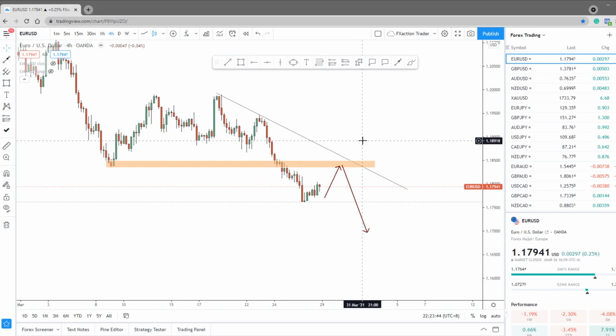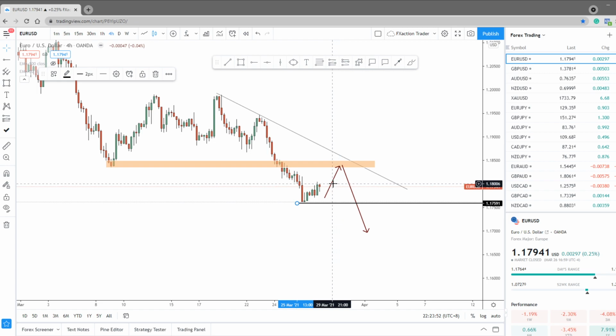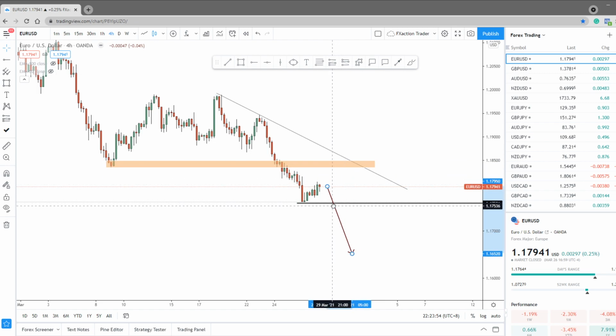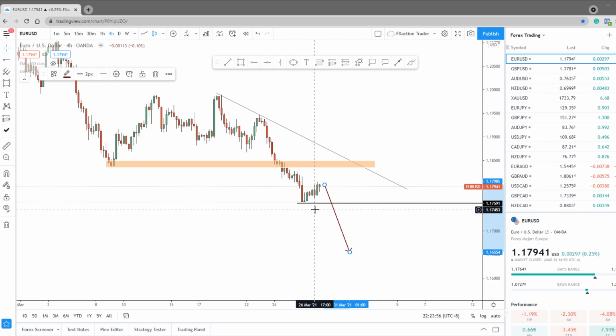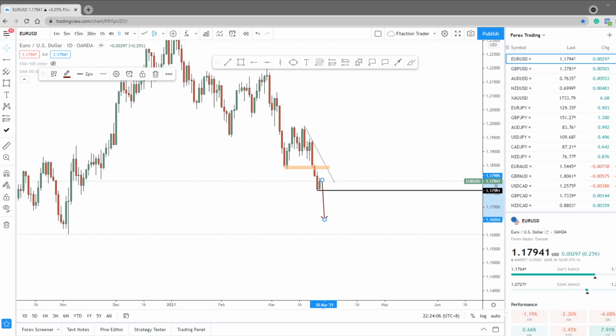The second scenario is that the market does not pull back to this level, but continues to move down and creates a new low. When a new low is created, we have more evidence and more confirmation that the market is likely to continue downwards.